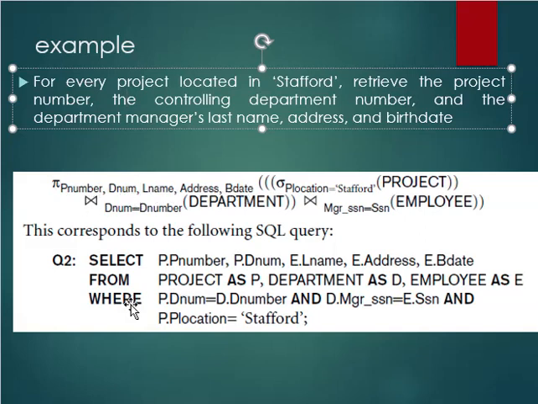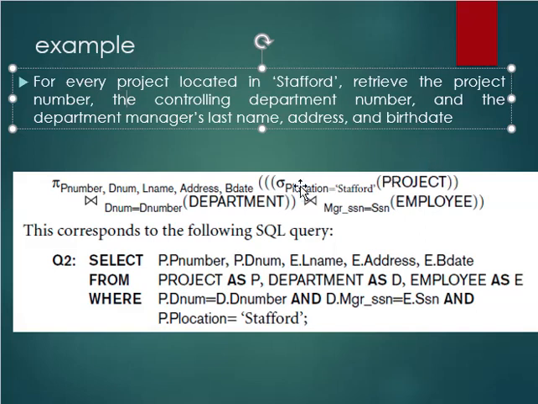From the where clause you have to identify the selection condition as well as the joining conditions. Here this is a joining condition, this also is a joining condition, but this is the selection condition to be applied on P. Assume P is the project.